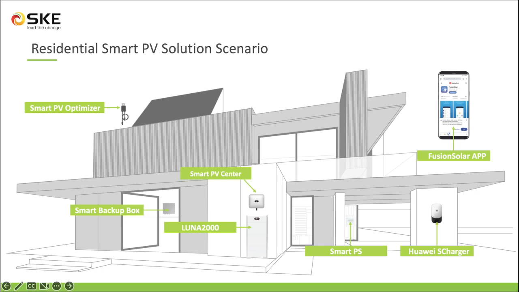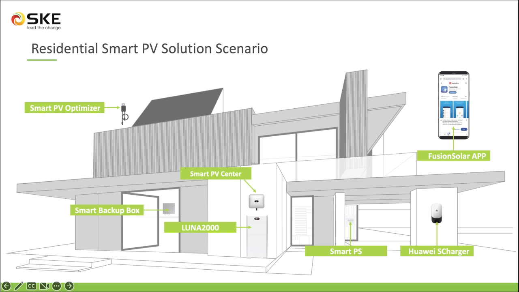Nowadays, there is a trend to increase our self-consumption, and for that, we will use the communication device and the smart management of the whole system. For that, we will use the smart PV management system.